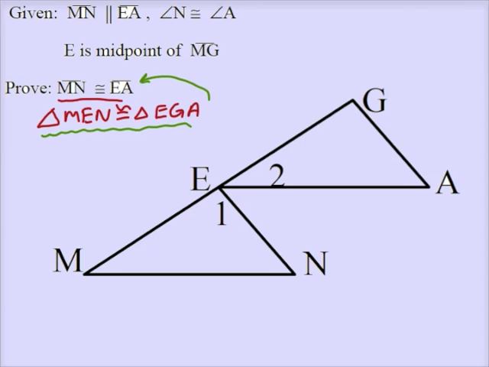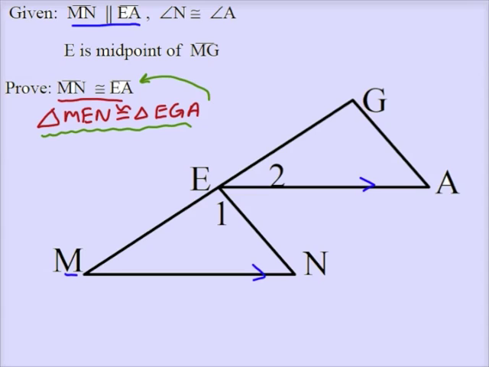Which of our triangle congruence theorems can we use? We know that MN is parallel to EA. What that tells me is any angles created by those segments will be either congruent or supplementary.